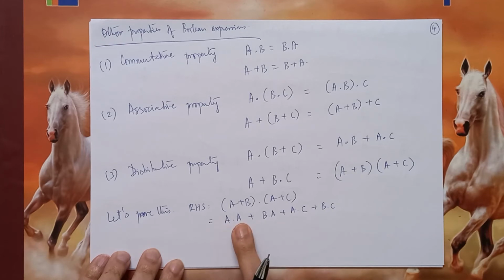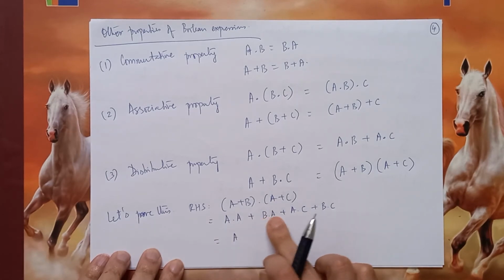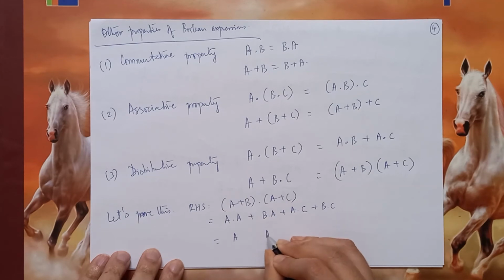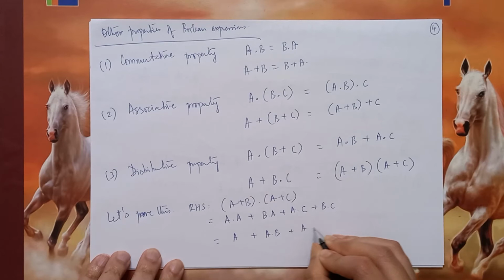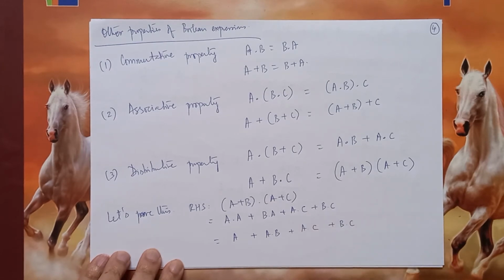If you are ANDing a quantity with itself, you get the same quantity. So this becomes A. This one, using the commutative property, I can again write as A dot B. Then I have A dot C. Then I have B dot C.